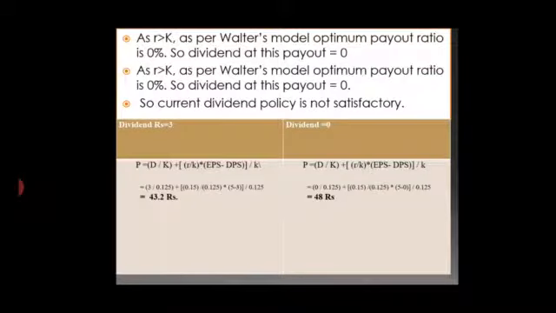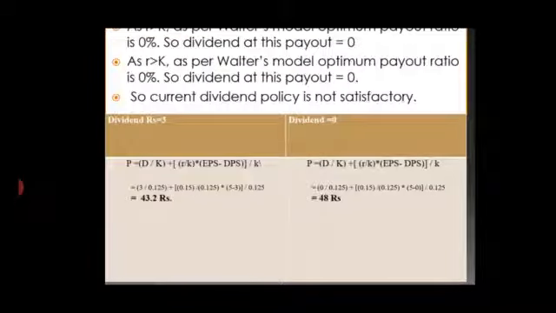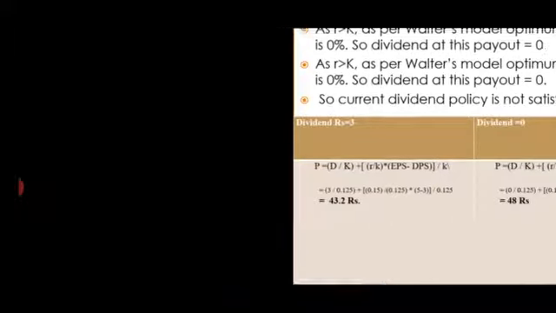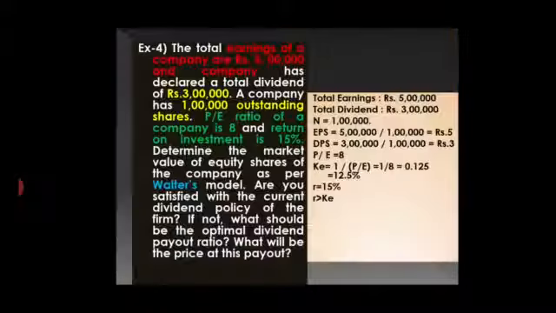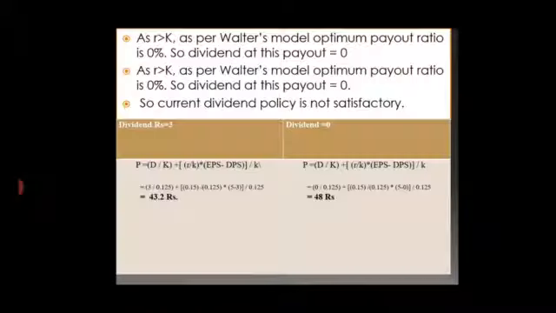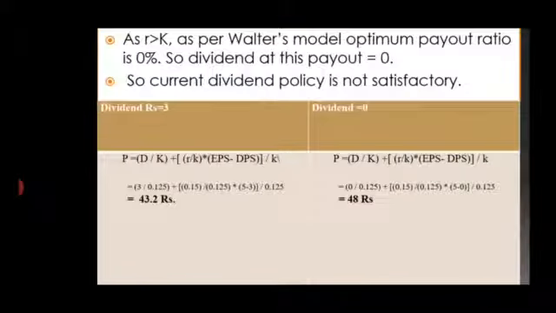Now calculate P value if dividend is 3 and dividend is 0. We have already calculated DPS is 3. So here the first column is dividend is 3 and the second is dividend is 0. If dividend is 3, then what is the price? P equals D divided by K, this is the formula, plus R divided by K multiplied by EPS minus DPS divided by K. D means 3.